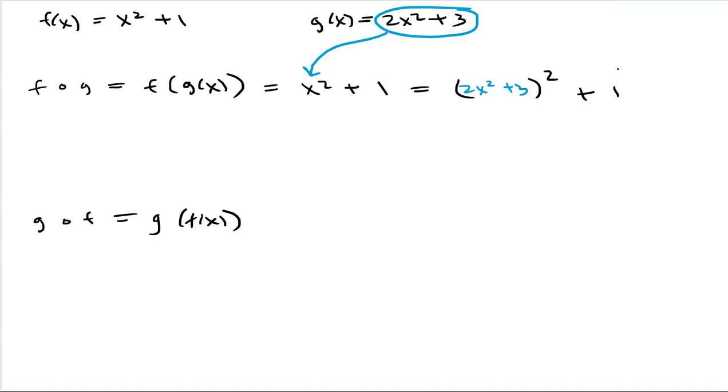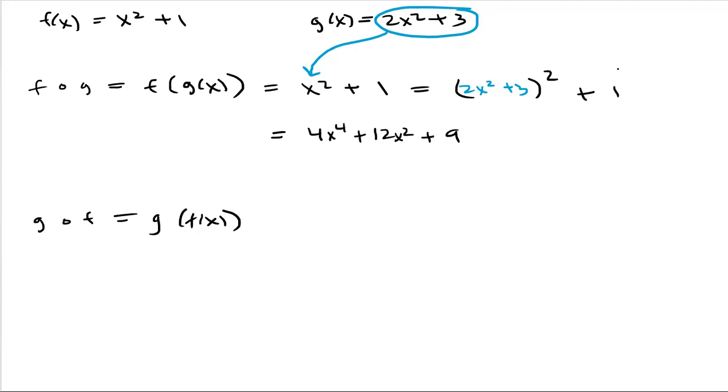So I square the front, which becomes 4x to the fourth. And I square the back, which is 3 squared, which gives me 9. And then I multiply the two. So 2x squared times 3 is going to give me 6x squared. And then I double it, so that gives me 12x squared, and then plus 9 there.